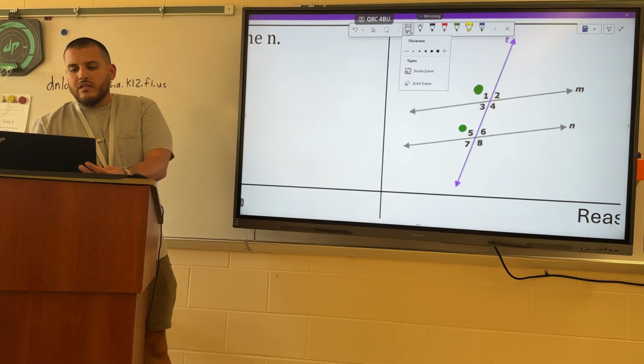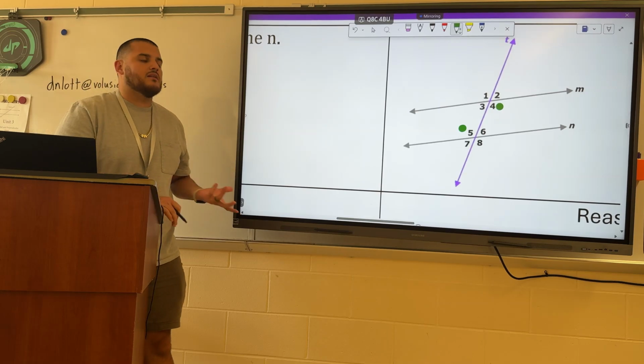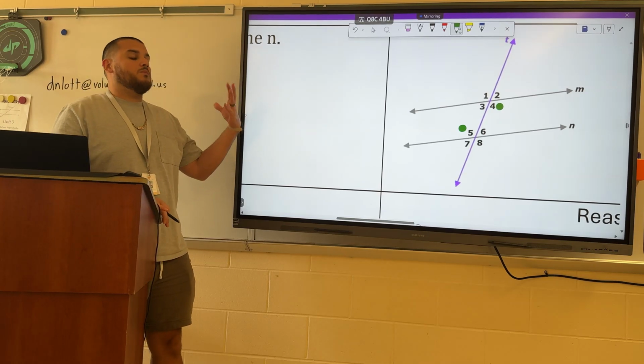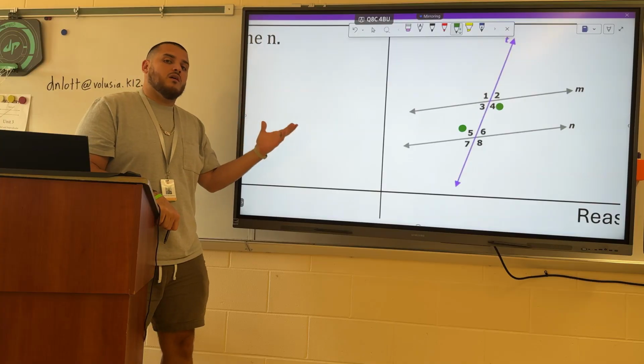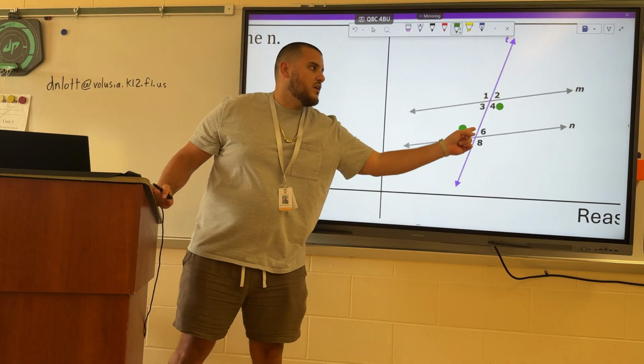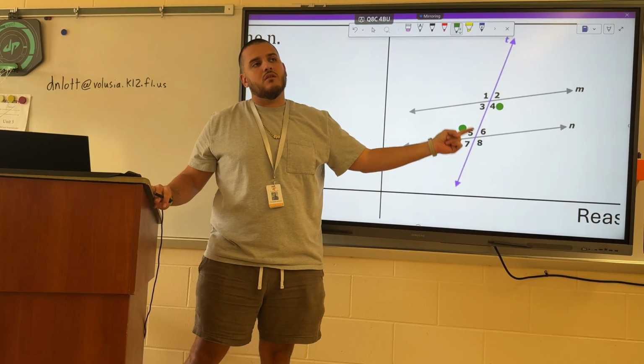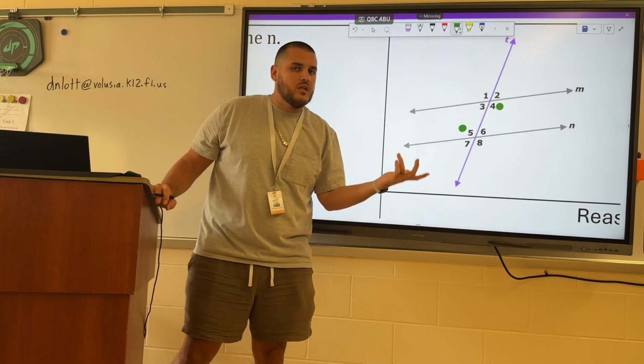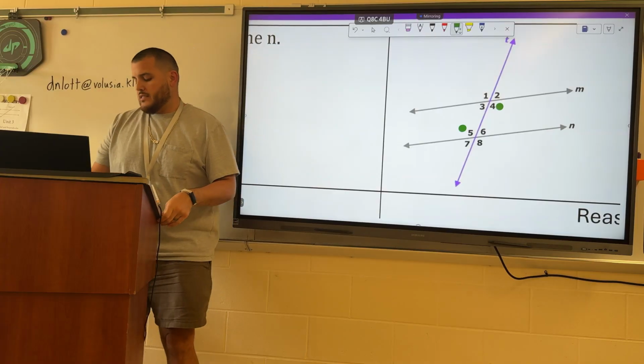All right, and we learned that alternate interior angles are also only congruent on parallel lines. So from the start of this, we could have used the alternate interior angles converse theorem to say, well, if these are congruent, these lines have to be parallel because alternate interior angles are only congruent on parallel lines.